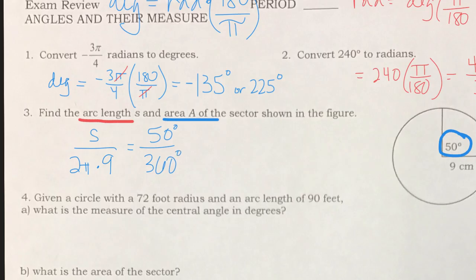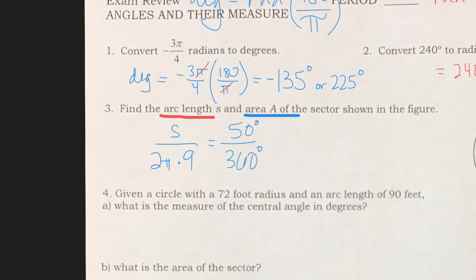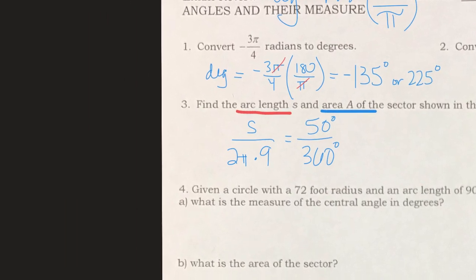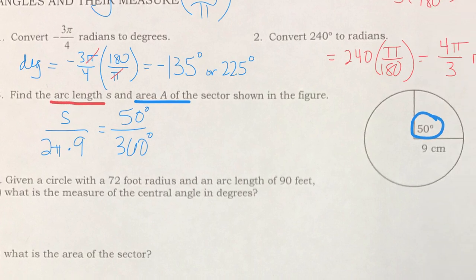Notice how both of those are in degrees. And this is the proportion that we use if we have a degree angle. And if not, if we have it in radians, then S equals R times theta, where theta is your radian angle. So we're going to solve by cross multiplying and simplifying.